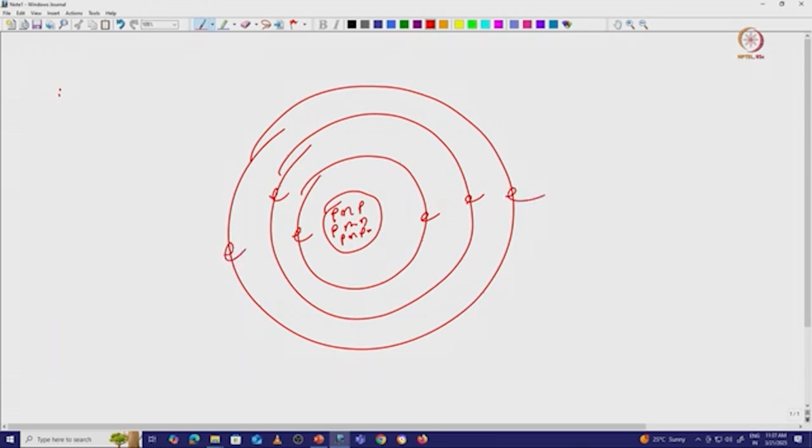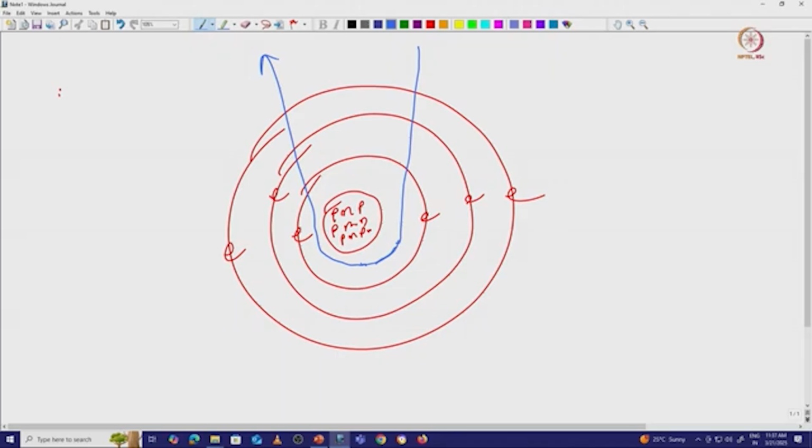So, first things first, we consider the backscattered electron. What is happening? This is an incident electron beam which is very close to the nucleus. It will come and deflect its path, and then finally it will go out from this atom completely.